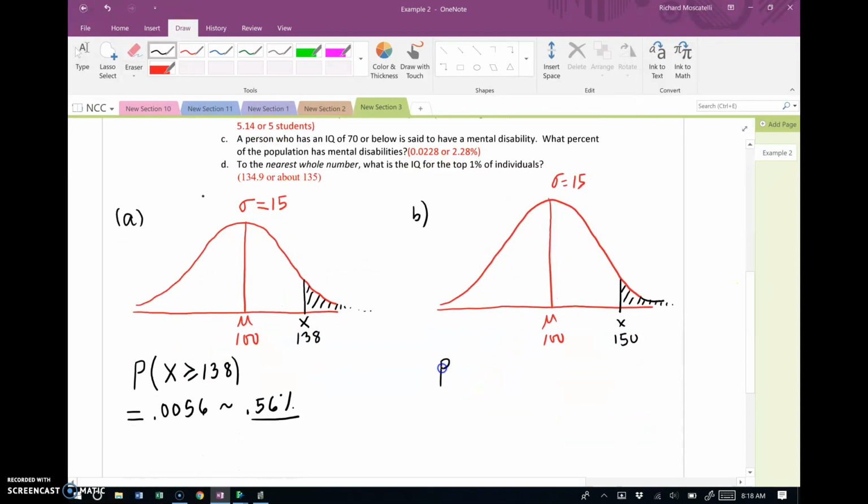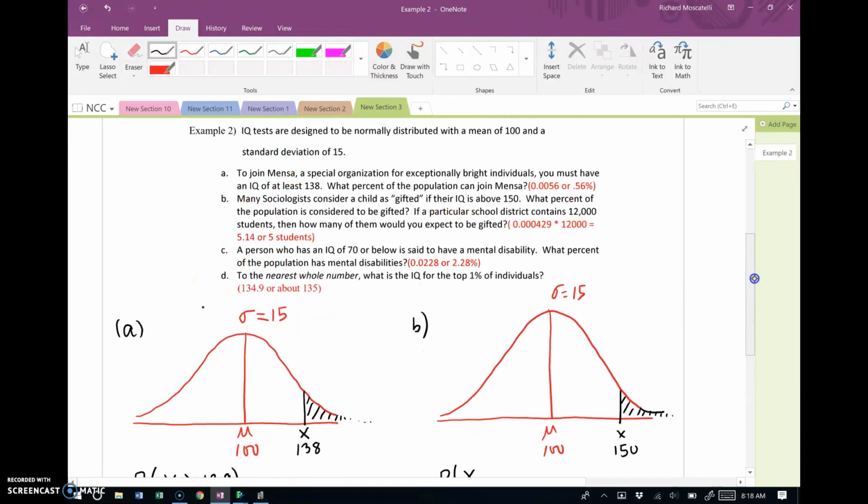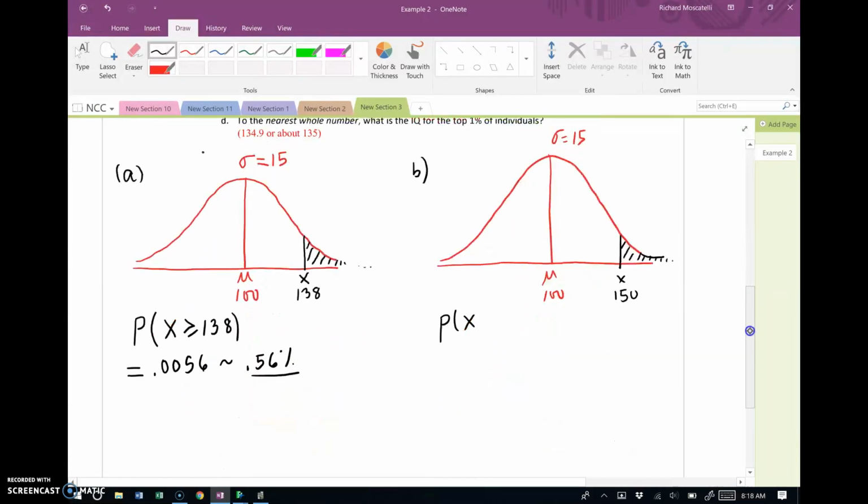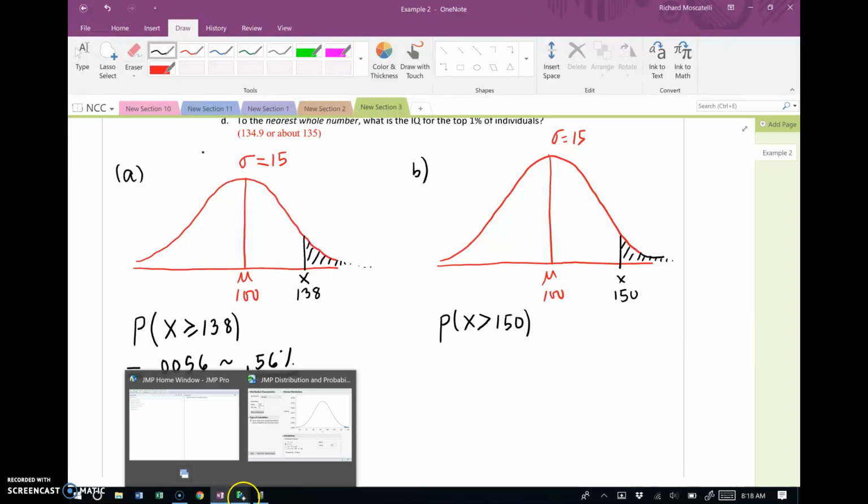So the probability x is, and what does it say here? It says above 150, so I'll say greater than 150. Now, again, remember, including 150 or not including 150, theoretically the probability of hitting exactly 150 is 0, so we're not going to have to worry so much about that.